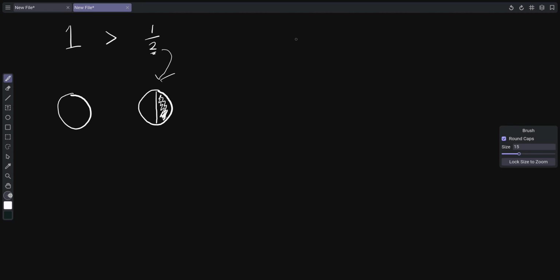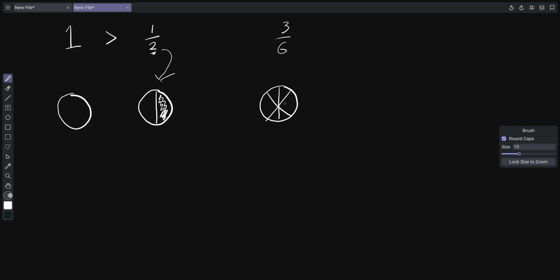In a similar fashion, we could write something like 3/6. So we could draw a circle, and then we can break it up into 6 slices, right?